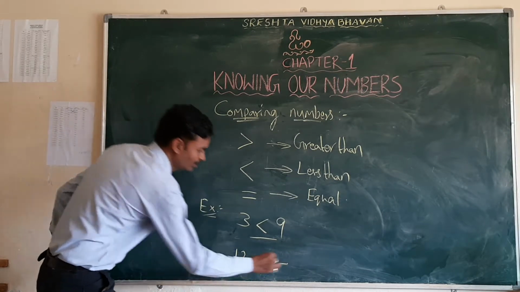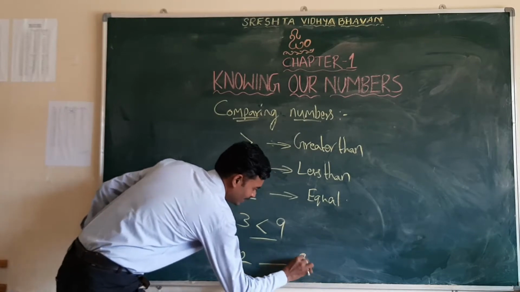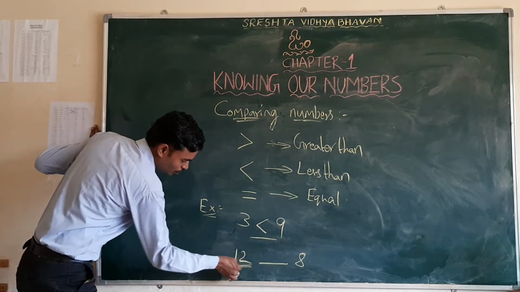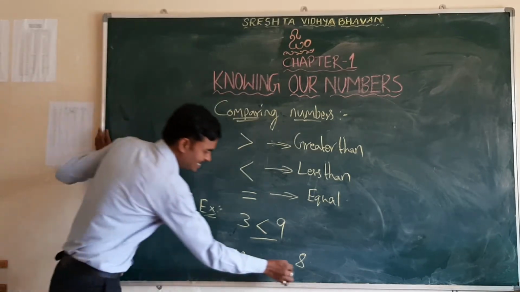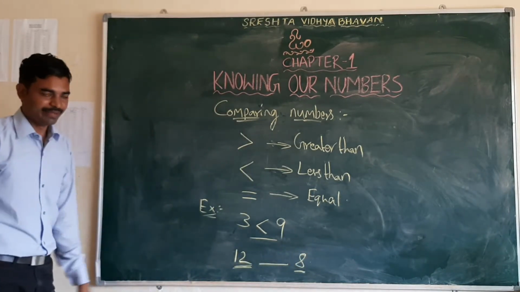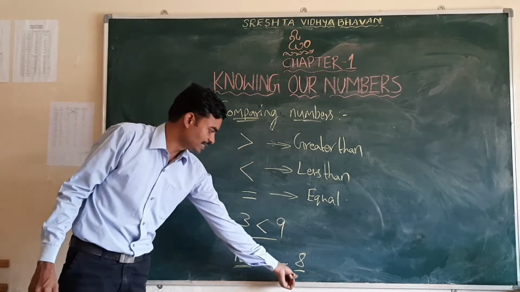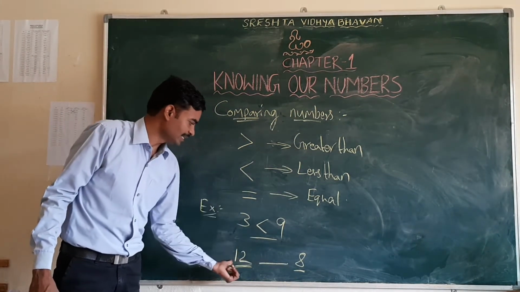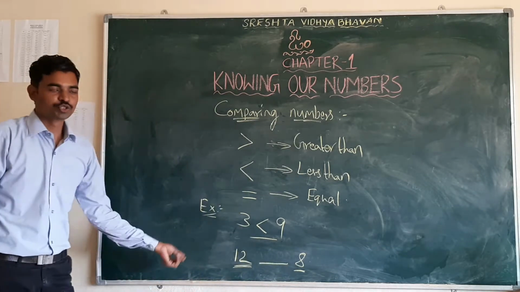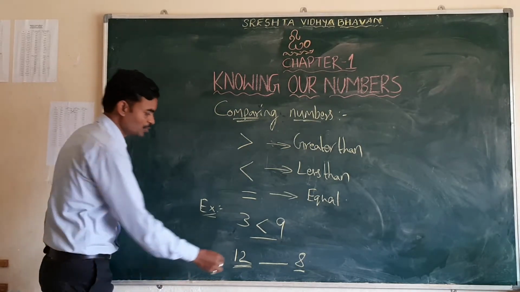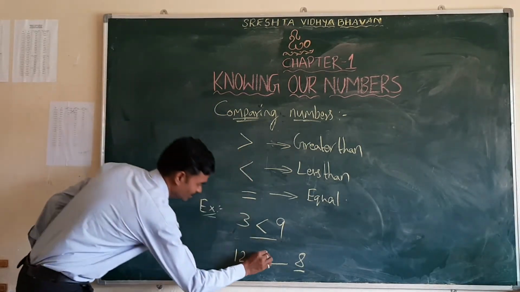Next, 12 and 8. Here 12 has 2 digits and 8 has 1 digit. The number with more digits is the greater number, so 12 is the greater number and 8 is the smaller number. Which symbol do we use?